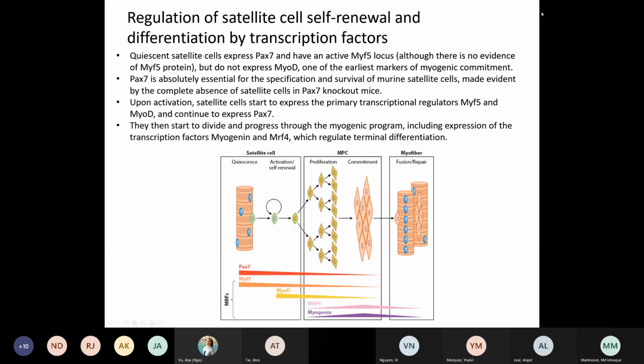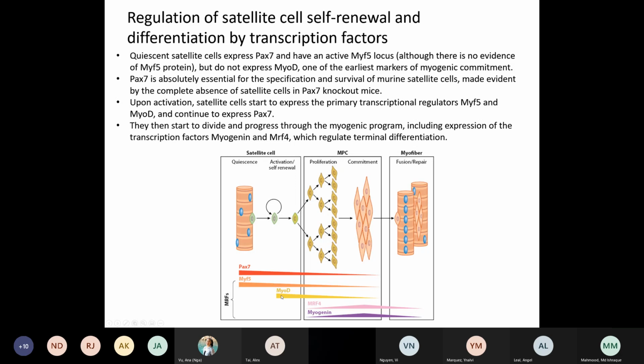In other words, maybe the MEF5 gene will be somehow present, but you don't have protein in quiescent satellite cells. But later on, when the satellite cells get activated, when they start to self-renew, when they start to replicate, you will start to have MEF5 expression. MEF5 is slightly later than the expression of PAX7.